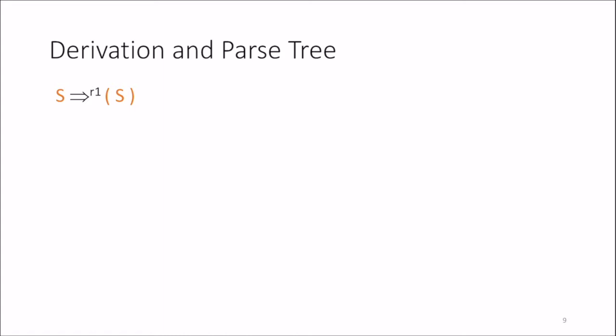So the same example that we saw before, we start from the start symbol S. We use one step in the derivation, and I expand it using rule R1 to get an open bracket, S, and close bracket, right? So that's the right-hand side of the rule R1.